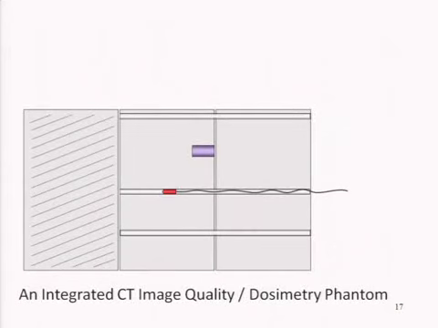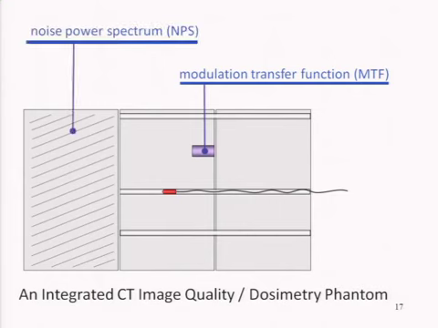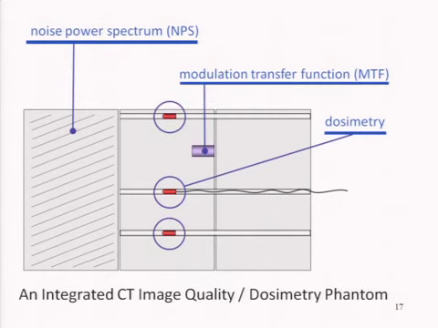So this is a side view of the phantom, and I'll just point out that it has an MTF module. It has a completely homogeneous area for calculating the noise power spectrum, and then it has, of course, the holes that can accommodate point dosimeters at various diameters: center, edge, and an intermediate value as well.